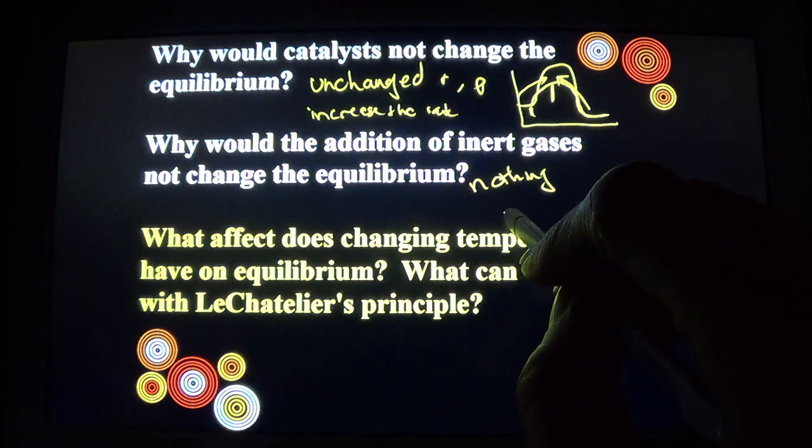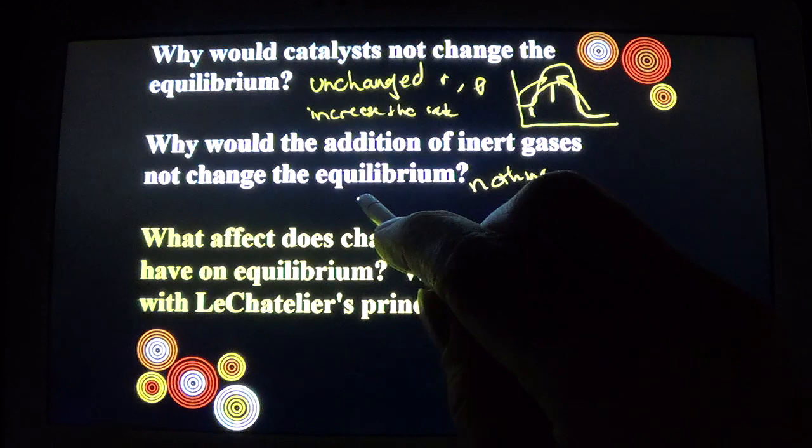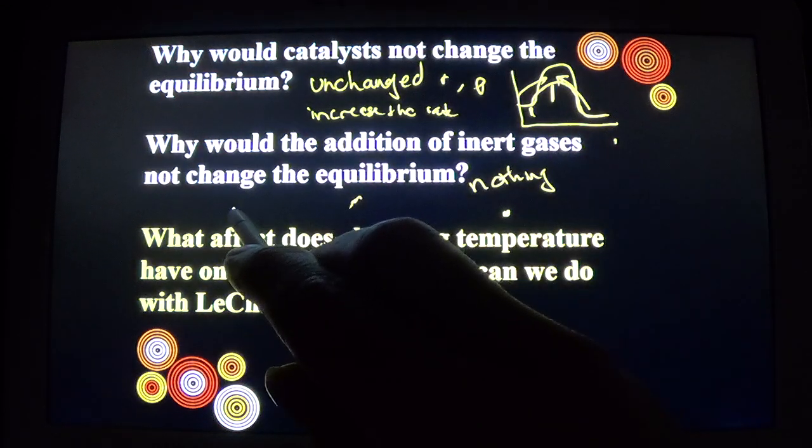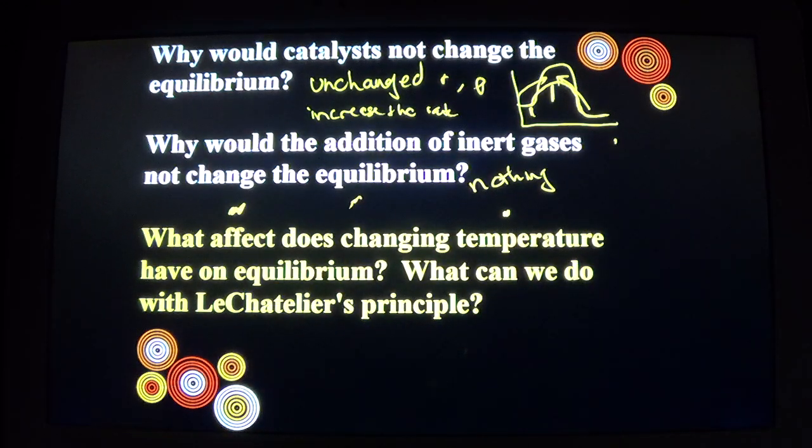Because remember, our model of gases is that, like, here's nitrogen. I throw in some helium. There's helium. Maybe here's some more nitrogen. Gases are so far apart to begin with, I have plenty of room to squeeze in more gases. I can throw in nitrogen and helium and xenon, and there's plenty of room for them to all coexist in the same balloon.